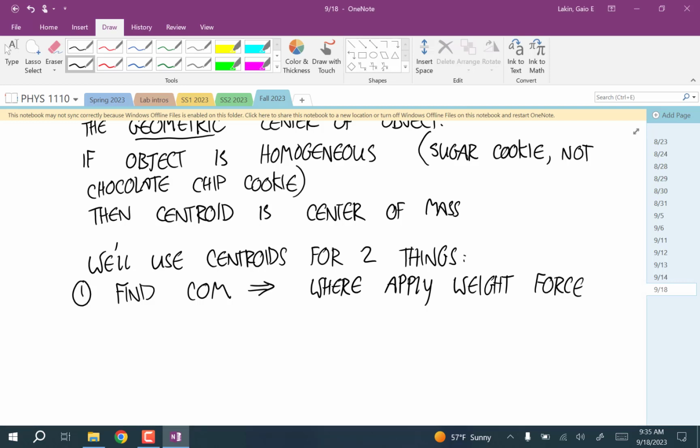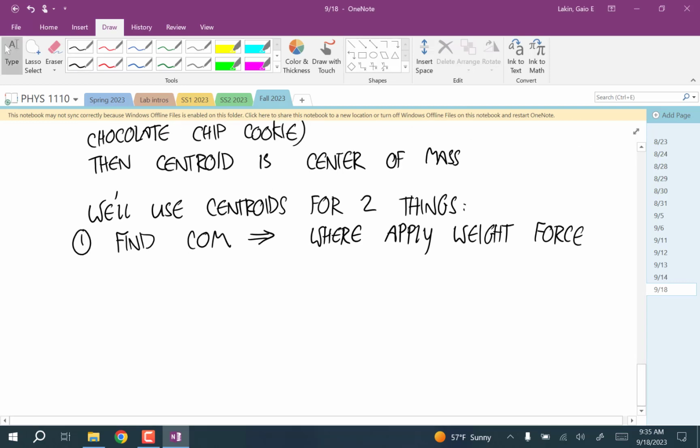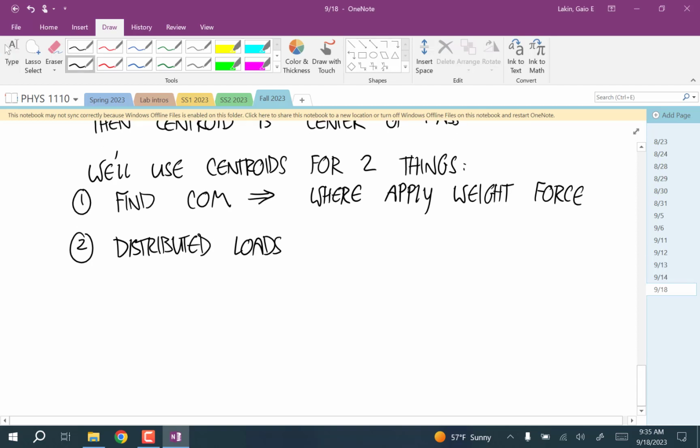Well, when we get to less regular shapes, you'll have to calculate where that weight force acts. Okay? And the second thing we'll use it for is distributed loads. A distributed load is, in this class, a force that's spread out over some area or some distance. In this class, we'll do it in 2D, so it'll be spread out over a distance.